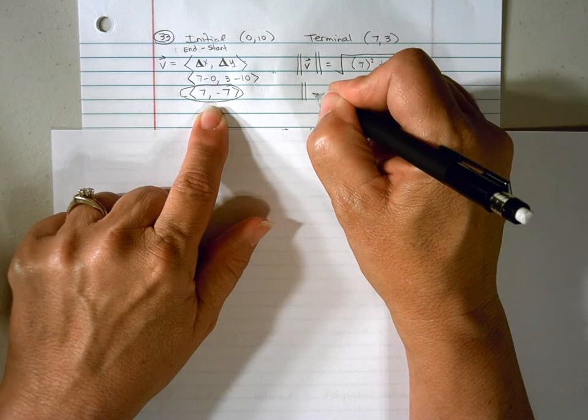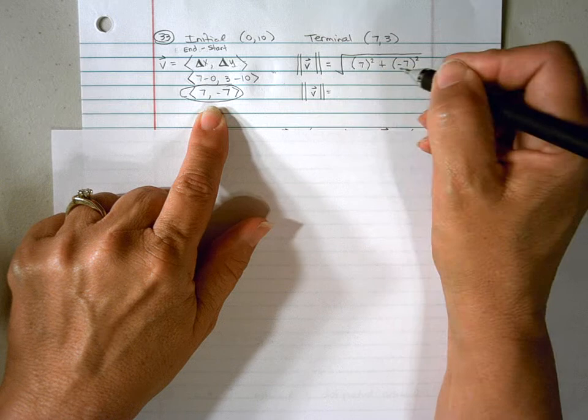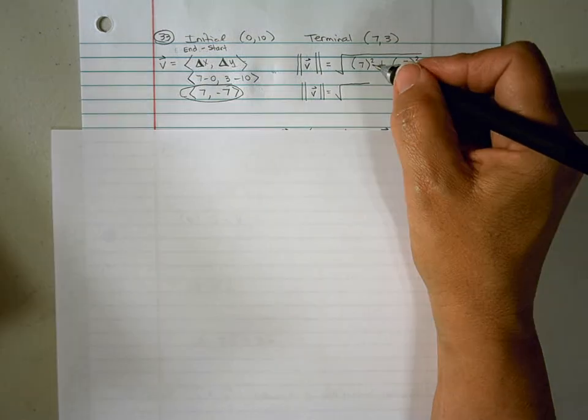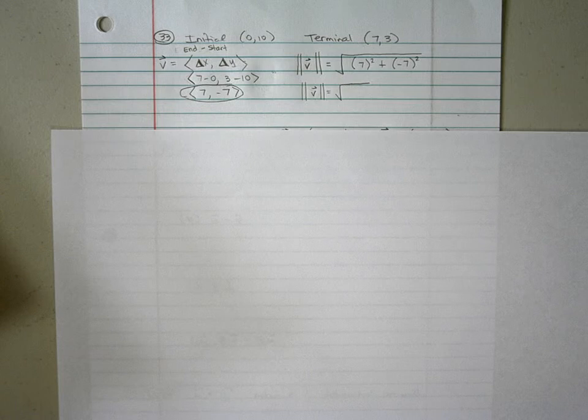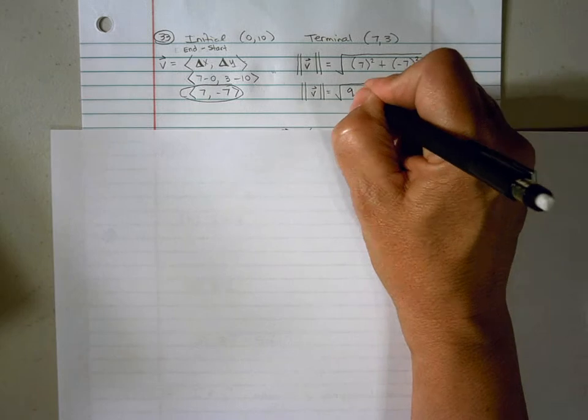So our magnitude, or our length, is going to be the square root of 49 plus 49, which is 98.